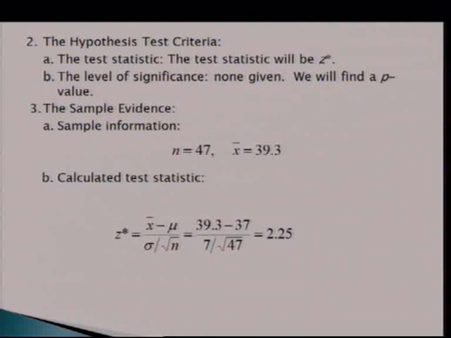Suppose the level of significance is not given to us. Then we have to find the p value, and depending upon the p value we take our decision. The sample n is 47, the mean is 39.3, and the Z score is calculated as x bar minus mu by sigma upon the square root of n, which is 2.25.